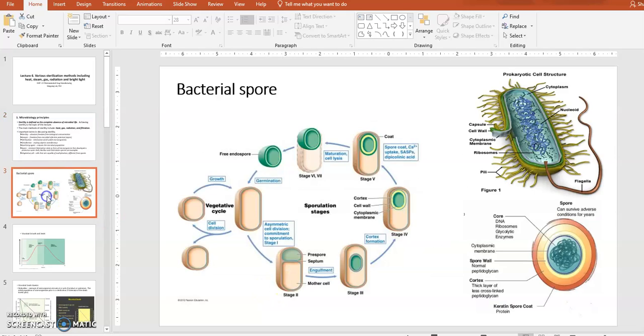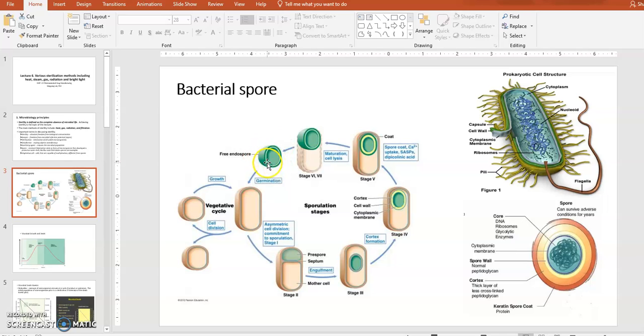If you look at this microbial life cycle, these are vegetative cells growing and dividing, right? They can do that when there's enough nutrients and the conditions are favorable. But if the condition is not good, they can develop something called spores inside of them and then release them. Those released spores will maintain their life in very harsh conditions.